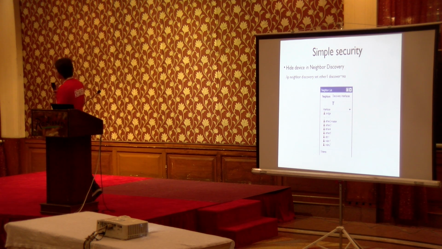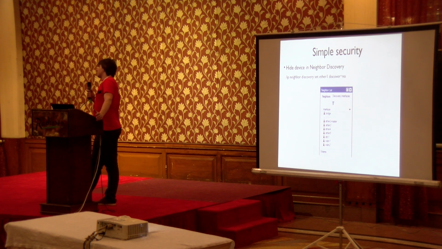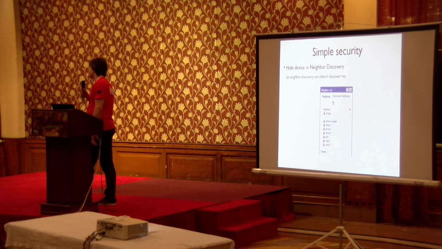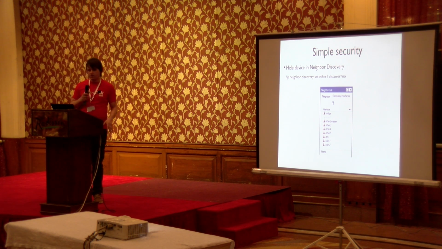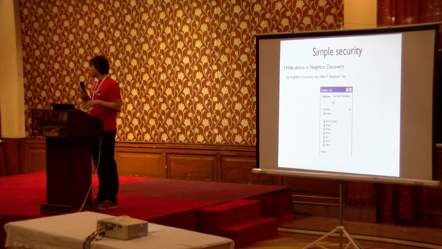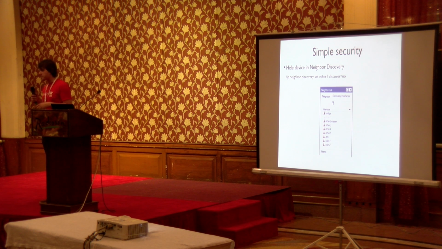And the router also has a feature called neighbor discovery. What does it mean? It means that the router sends neighbor discovery packets through all available interfaces. This is very useful for you if you want to debug what's going on in your network.